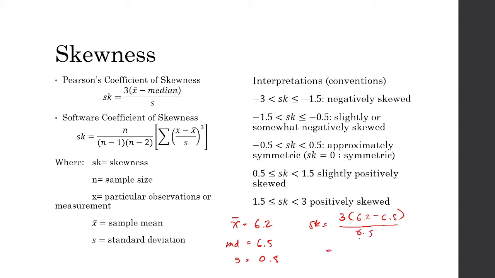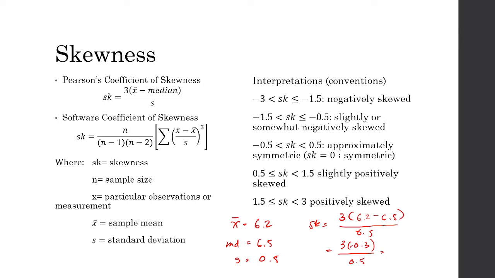So as you can see here, we have 6.2 minus 6.5, that will be 3 times negative 0.3 multiplied to 0.5. So that will be 3 times negative 0.3. So that will be negative 0.9.